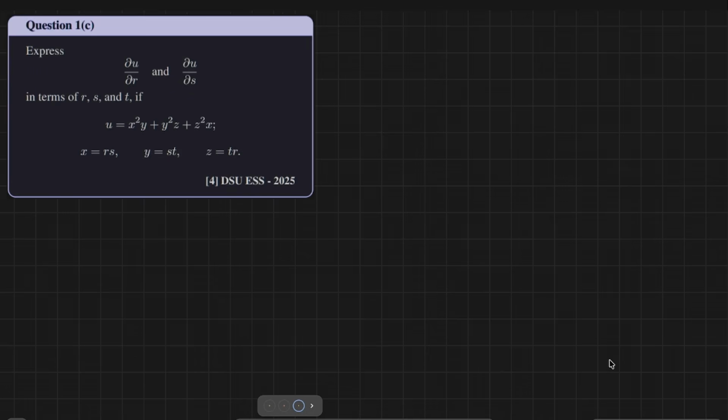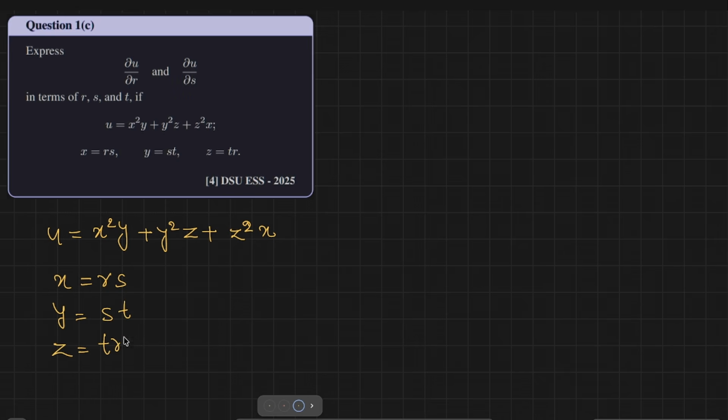Next, come to this. Again, u is given as x square y plus y square z plus z square x, from a 2025 question. X is again a function of r and s, y is a function of s and t, and z is a function of t and r. The previous formula you have to use and put the values.